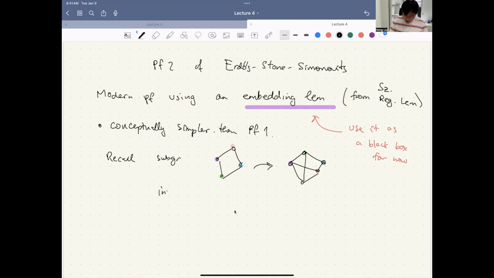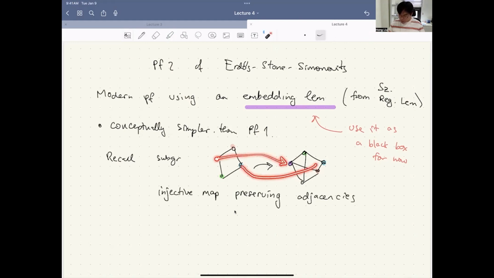This is an injective map preserving adjacencies. Injective means every vertex must be mapped to a different vertex. Preserving adjacency means if two vertices are adjacent, their images must also be adjacent.